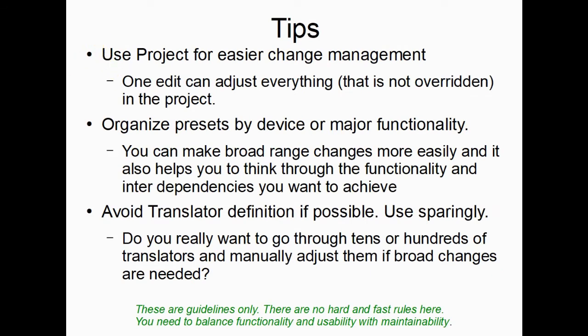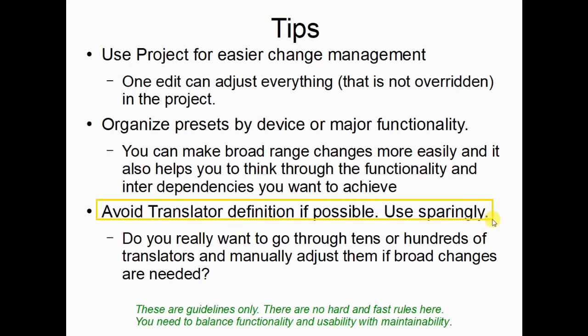Here are some general tips for how you can manage your ports at different levels. Generally, you want to open everything at the project level initially, and then you can change things very easily across your whole project by changing that at that level. However, in major sections, you might have a given device that is managed at the preset level, so you could make broad changes at the preset level, not as broad as the project level.